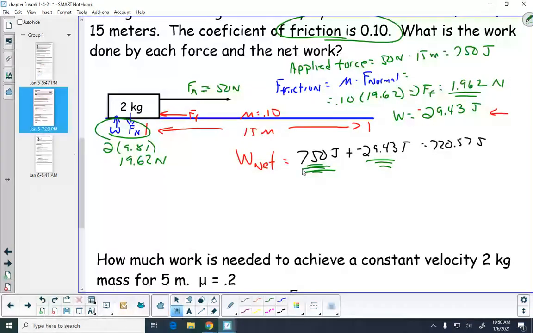So if we went 15 meters with this, there's going to be a force that's pushing against this for 15 meters. It is slowing it, or working against our applied force. So what we have is what we call a net work, by subtracting these two values. Once again, this net work is like a work output.